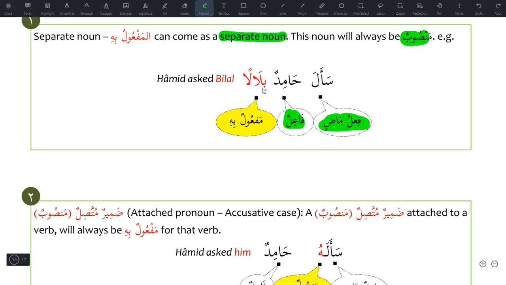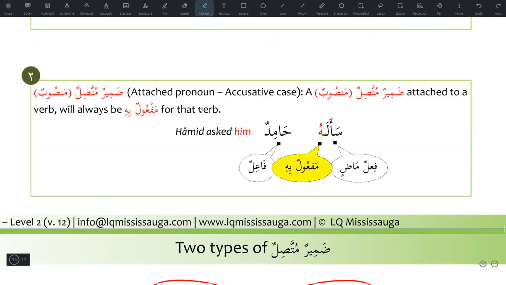Hamid is asking Bilal, so Bilal is being asked. So Bilal is the maf'ul bihi, the object here. Hamid asked Bilal. So Bilal is the object, maf'ul bihi, coming as a separate noun.